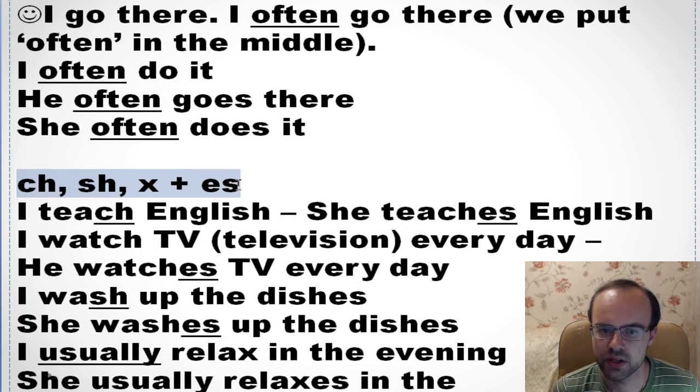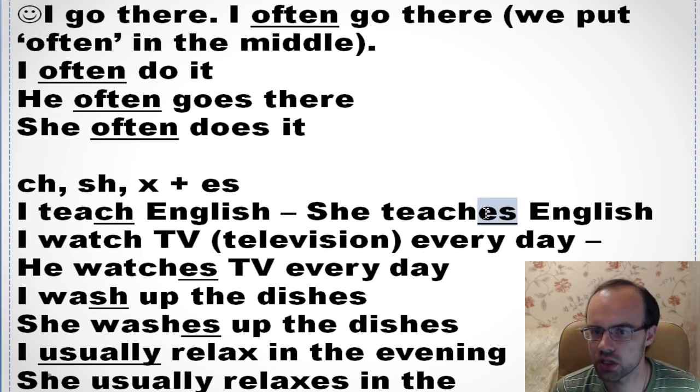If you have ch, sh, or x at the end of the verb, you have es. Look, I teach English. So you have ch and you say she teaches English. I teach English, but she teaches English.